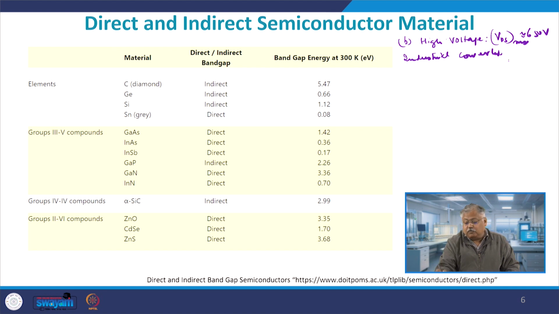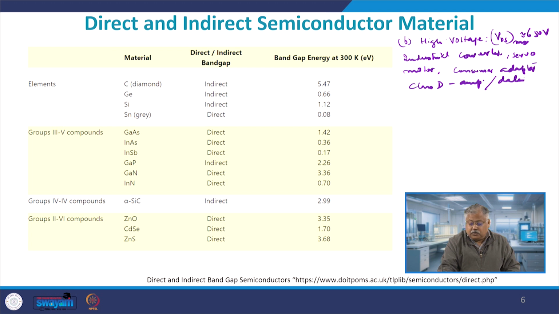For example, servo motors also, where the current drawn and the voltages are very high as compared to a traditional device. They are also used in consumer electronic adapters, class D amplifiers, and data centers.